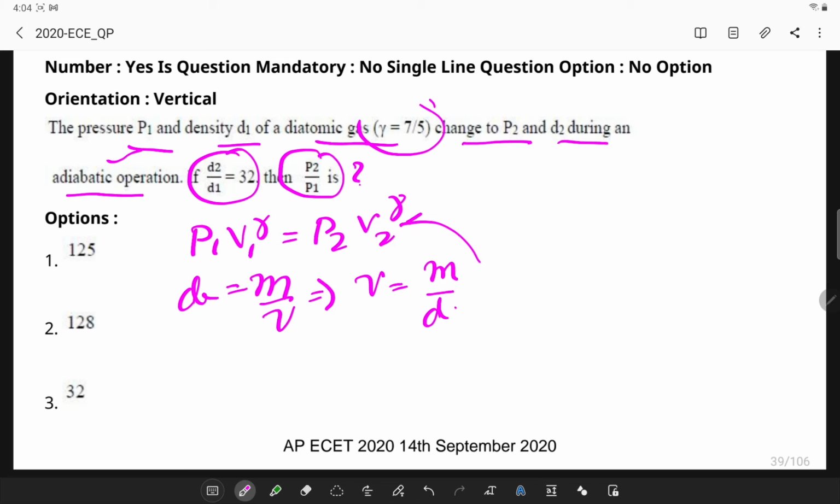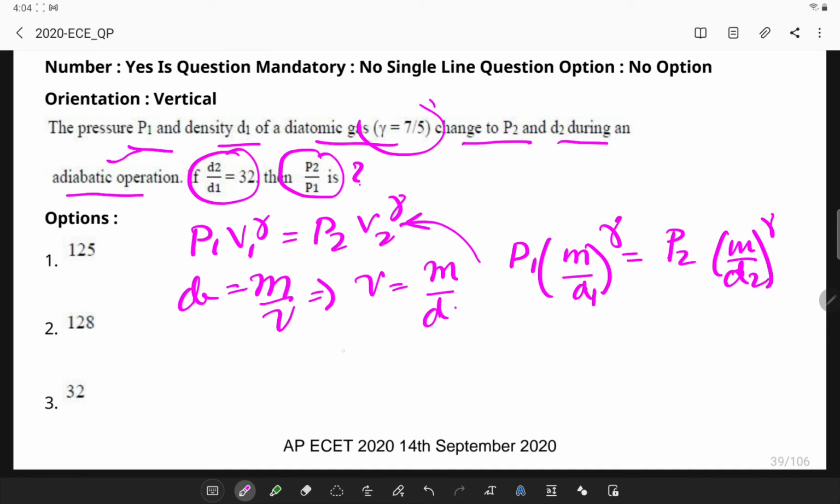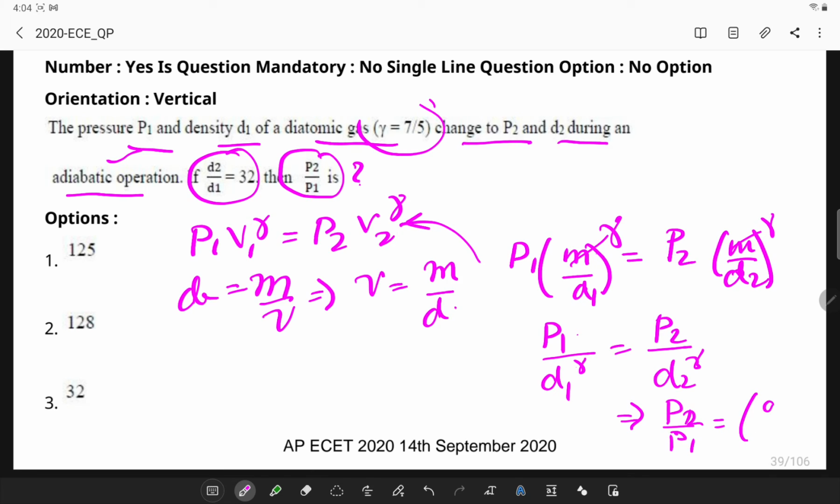So if I substitute that in this, I will be getting P1 into m by D1 power gamma is equal to P2 into m by D2 power gamma. So simply m gets cancelled, and P1 by D1 power gamma is equal to P2 by D2 power gamma. If I rearrange, I will be getting P2 by P1 is D2 by D1 power gamma.